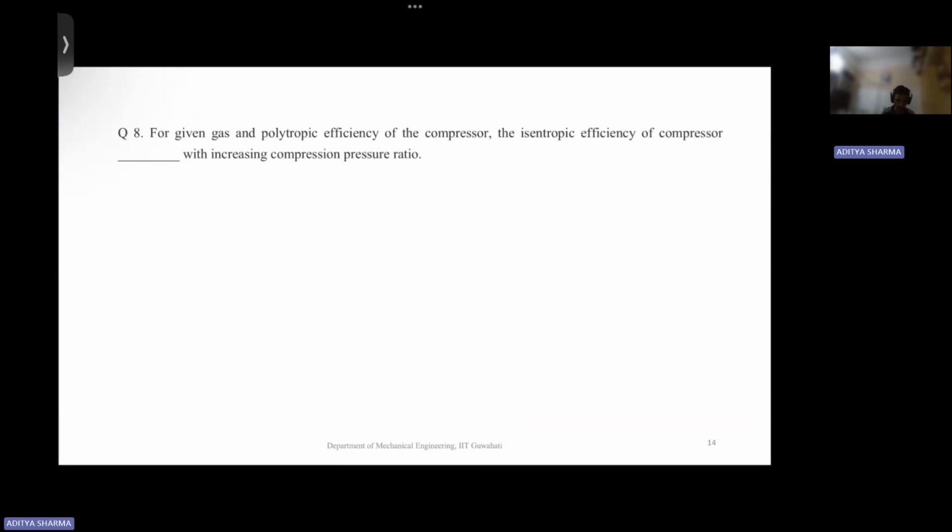Then let's see question number 8. It says that for a given gas and polytropic efficiency of a compressor, the isentropic efficiency of the compressor dash with increasing compression pressure ratio.